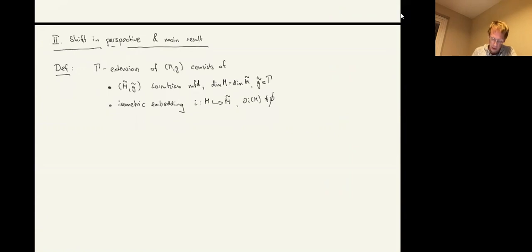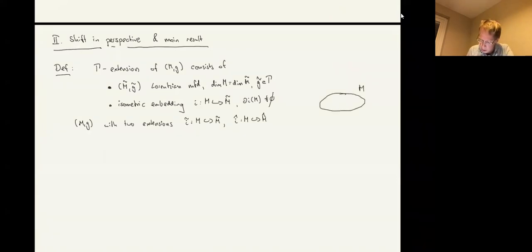And so now the question is, we have now our Lorentzian manifold Mg with two extensions, iota tilde and iota hat. And so the picture would be something like this.